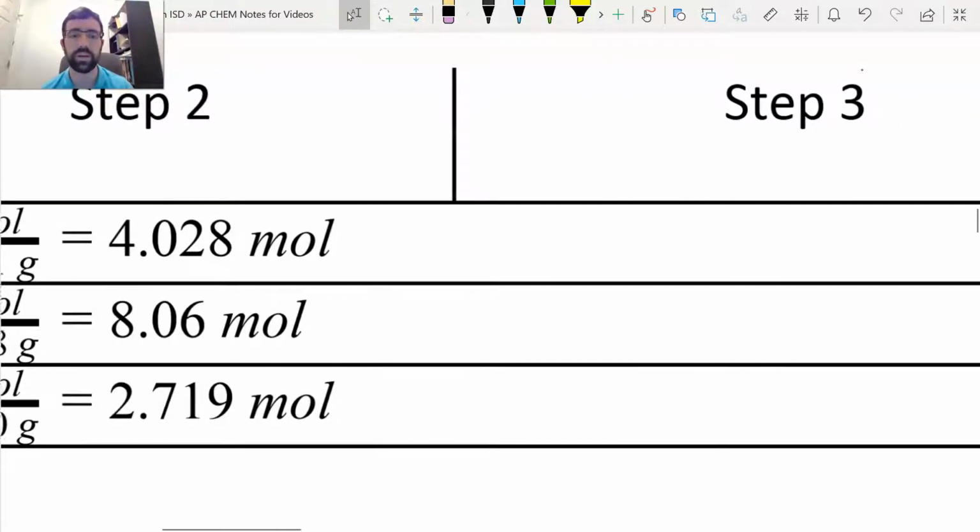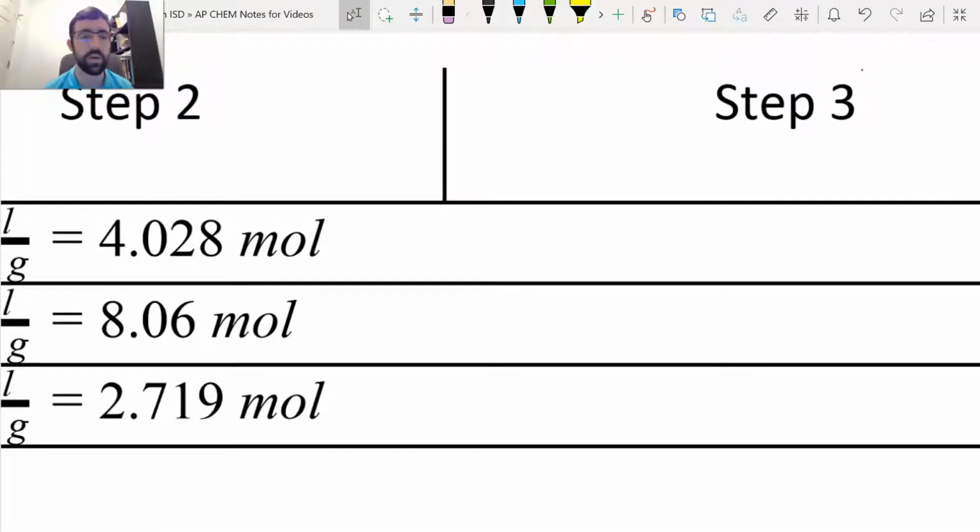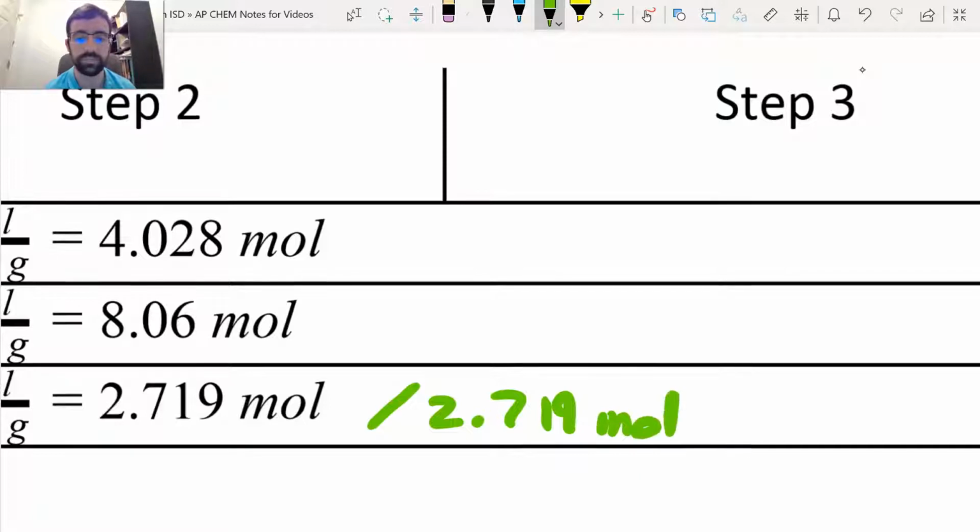The third step says divide by small. So we're going to pick which of these is the smallest number, and it looks like the smallest number is this one right here. So we're going to divide by 2.719 moles for each of them.